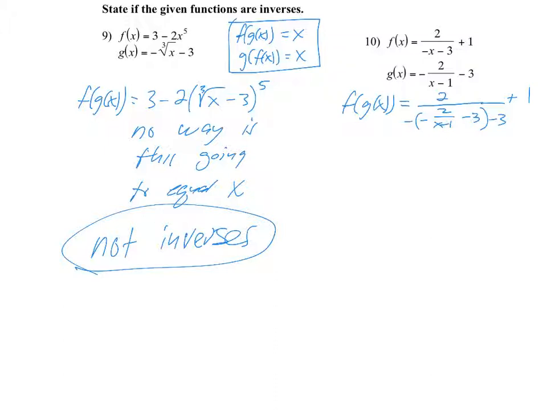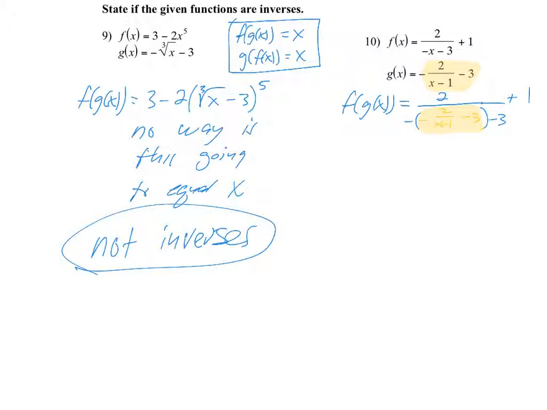So the first thing I want to do, this part is the g of x, what I replace it with, and this is 2 over negative x minus 3. Pop it in there, and we're good.